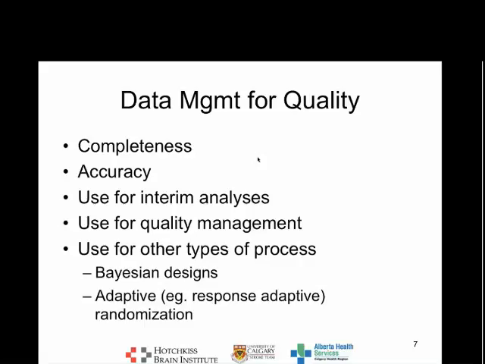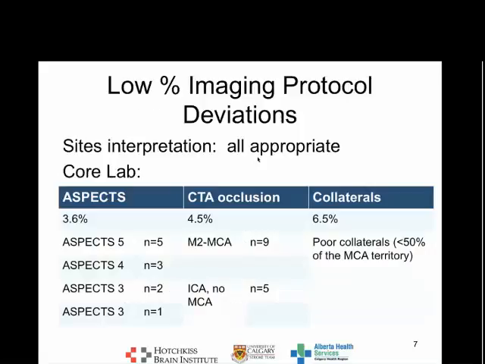Good examples of these adaptive designs would be response adaptive randomization or response adaptive sample size recalculation. All of these demand that you have accurate and complete data at the time you want to make changes to your trial design as the trial is running. The only way to realistically do that is to have a good data system set up so that you can manage the data that's coming in.